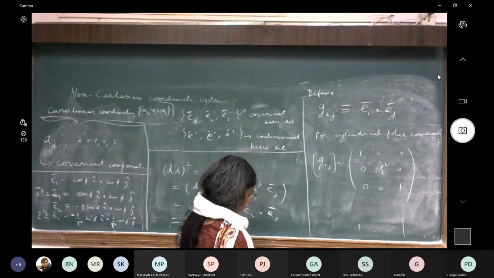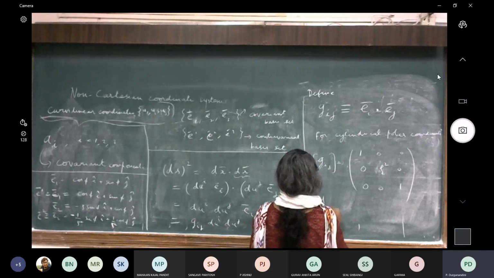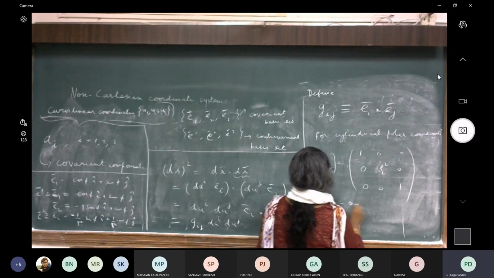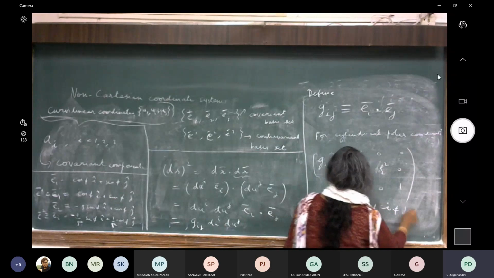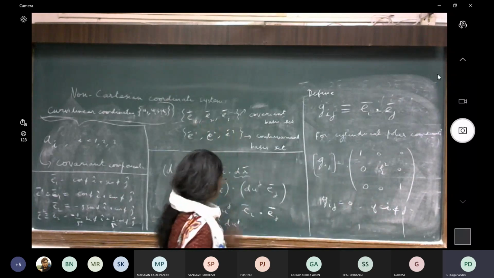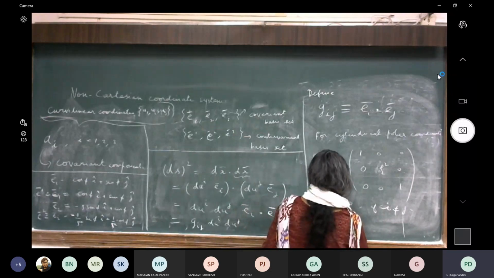Okay. And more generally now, because we have chosen an orthogonal basis, my g_ij will be equal to 0 if i is not equal to j. This is for the orthogonal basis which I have chosen, because my e_i dot e_j was 0, and it's equal to h_i squared.